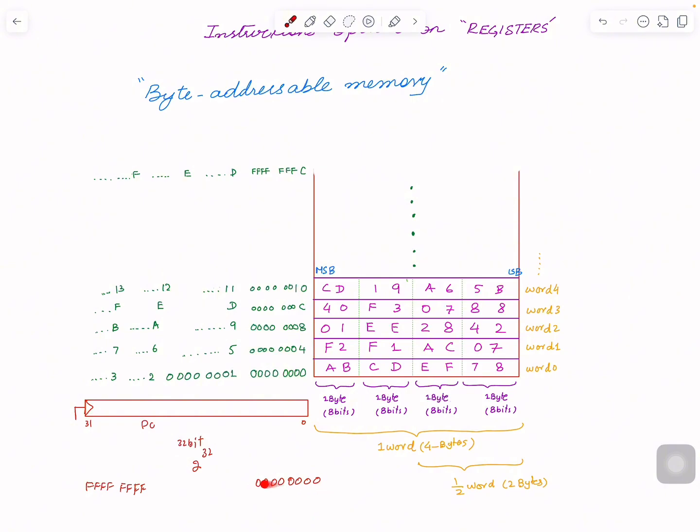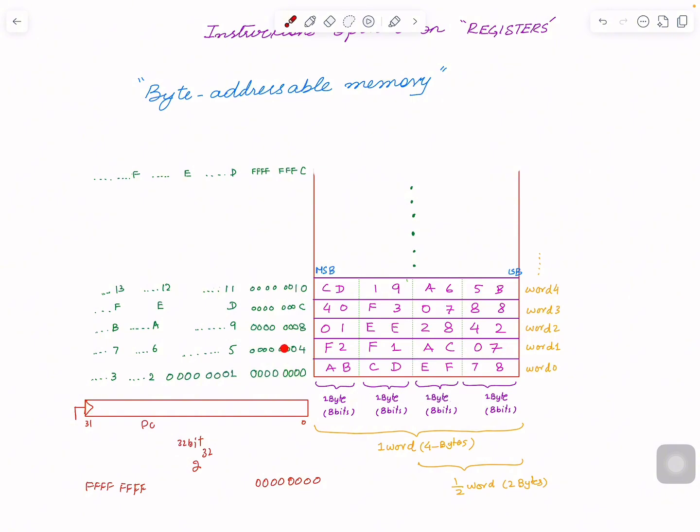It starts with all 0 and ends with all F. But the thing with RISC-V here is that each byte is addressable. So instead of saying that we have one address for this entire 32-bit word and the next address for the next word, we said the first byte has this address, the next byte has 1, the next byte is 2, the next byte is 3, and the first byte of word 1 is actually 004.